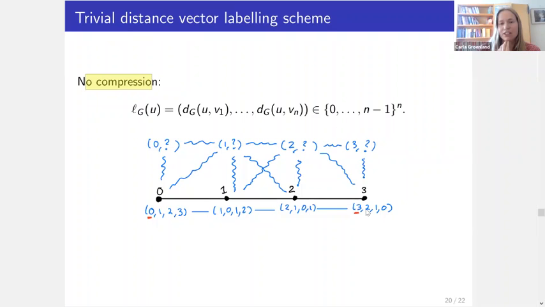I've given an example here below: the vertex 0 sees that it's at distance 0 to itself, distance 1 to the other vertex, distance 2 to 2, 3 to 3, etc. And these are the distances that 1 has to the other vertices. And these are the labels that we'll assign. And now we're going to put 2 edges in this graph exactly if the infinity distance between these 2 vertices is equal to 1. So in this case, we see the infinity distance equal to 1, so we put an edge.